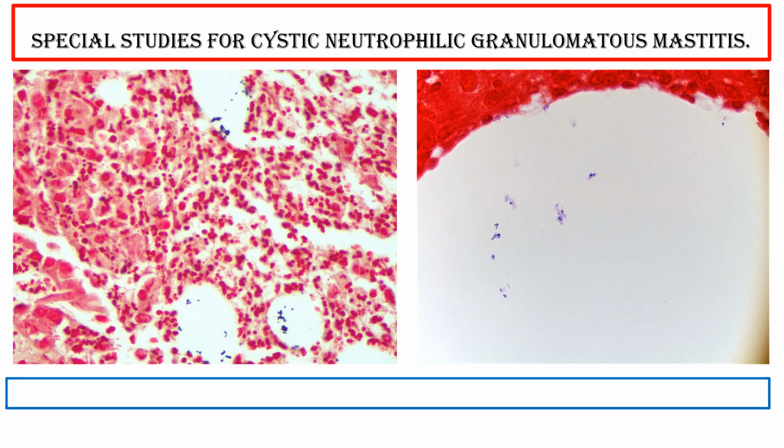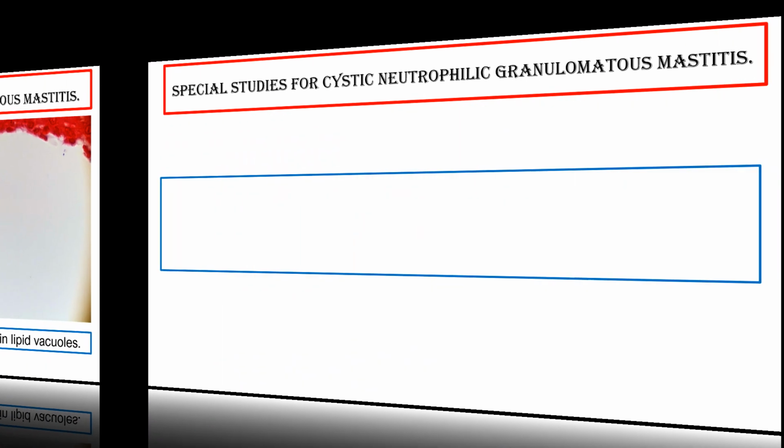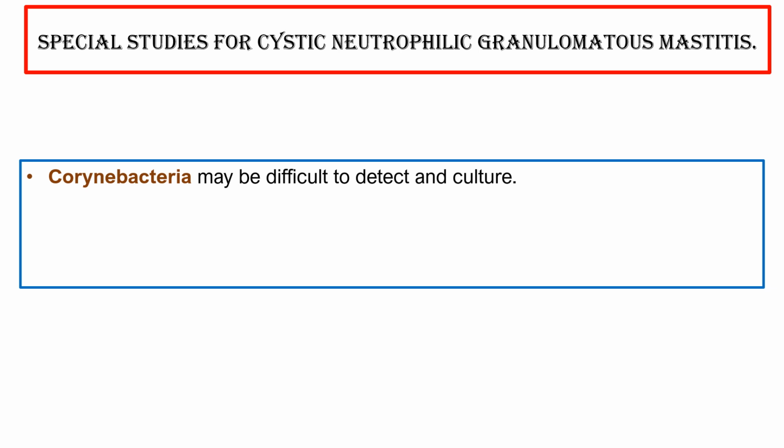Special studies for cystic neutrophilic granulomatous mastitis. Gram stain shows gram-positive bacilli, rod-like structures within lipid vacuoles. Corynebacteria may be difficult to detect and culture.